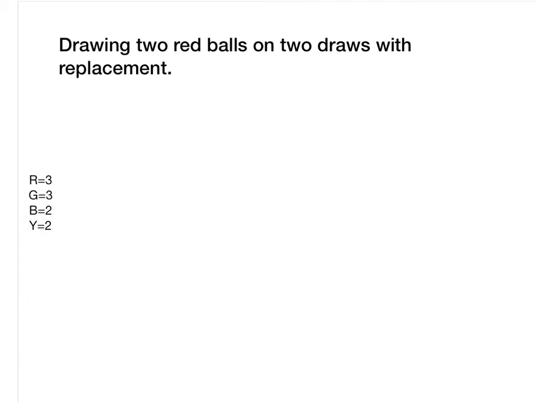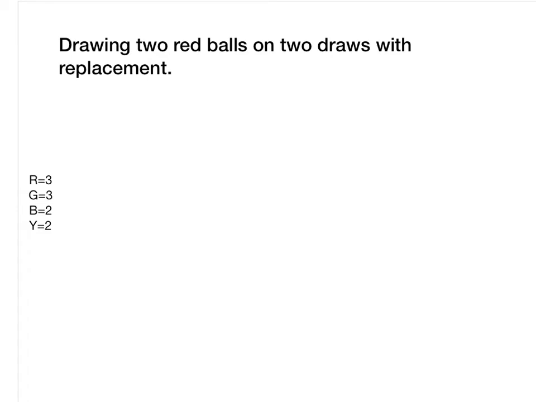It's got 3 green balls, 2 blue balls, and 2 yellow balls. So in a jar like that, if you were to draw in your hand and get a ball out, it's a with replacement problem, so you check what color that ball is, then you put it back, and then you draw another ball and check that ball. So what would be the probability of getting 2 red balls in a situation like that?